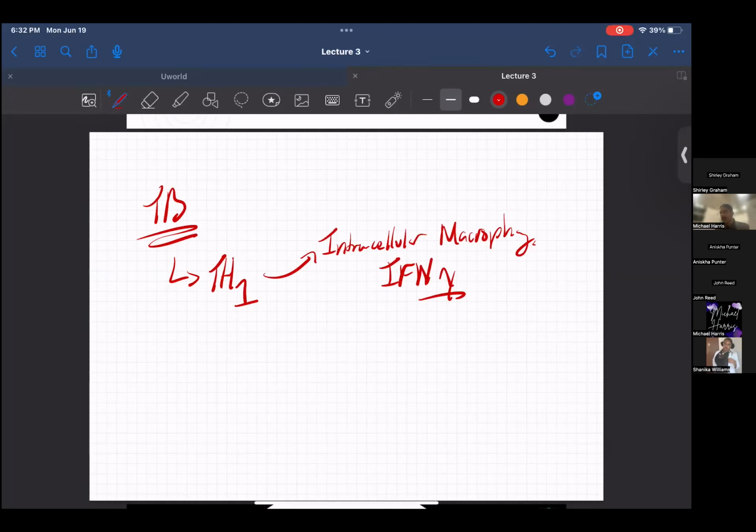Okay. Now, TB is essentially injected into the tissue. You have T helper 1 cells present in your tissues, just chilling out, right? And they can get exposed to this as well. And as a result, they reactivate.